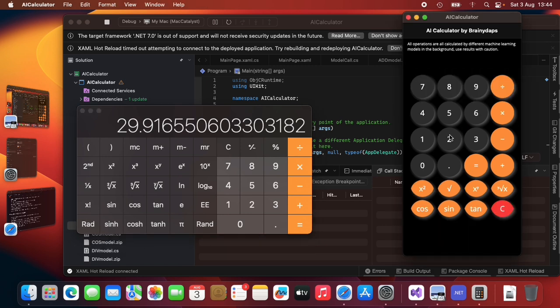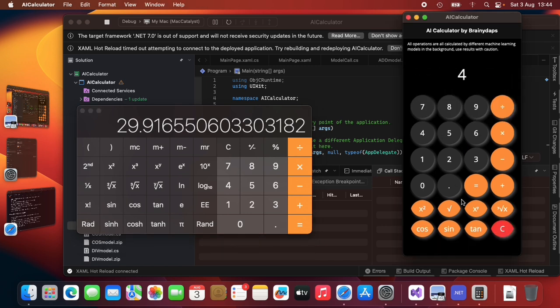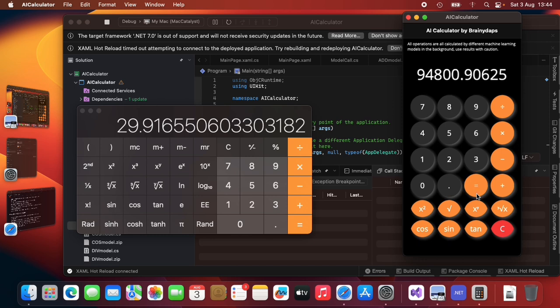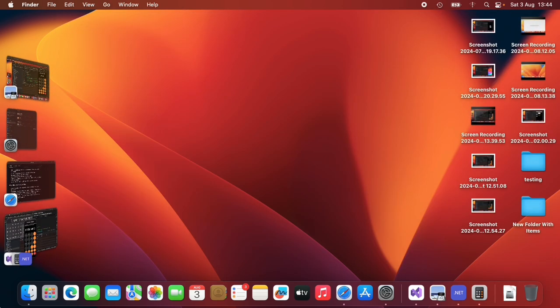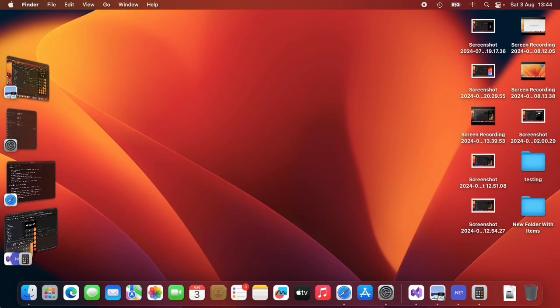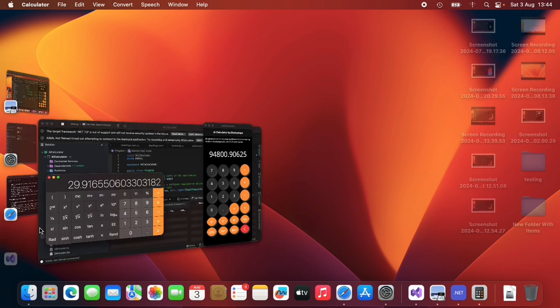Now let's try another calculation. Let's try 4 raised to power 3. Okay, that's the answer it gives us. Now let's try this on the regular calculator. 4 raised to power 3. I don't know why this is closing.